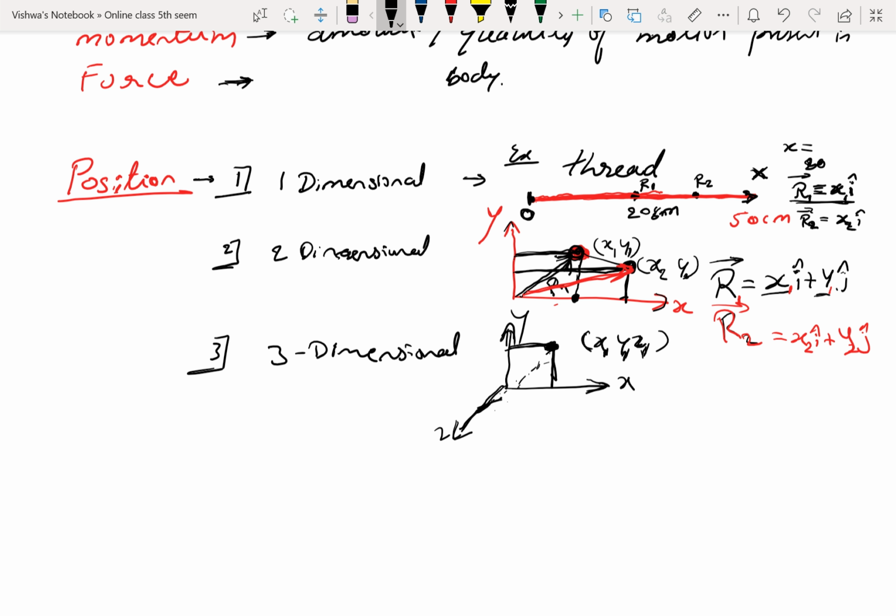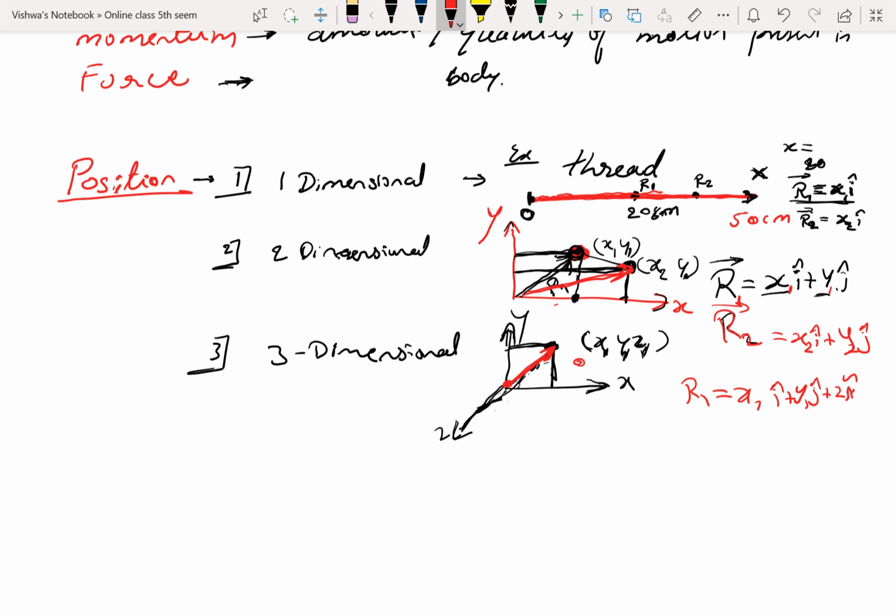So this is the z position. Then the vector which represents this position, the position vector, is r1 equal to x1 i cap plus y1 j cap plus z1 k cap. So this is the representation of the position vector in three-dimensional space.